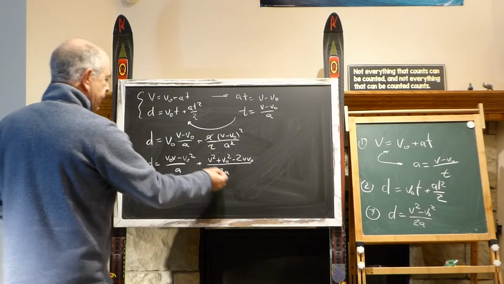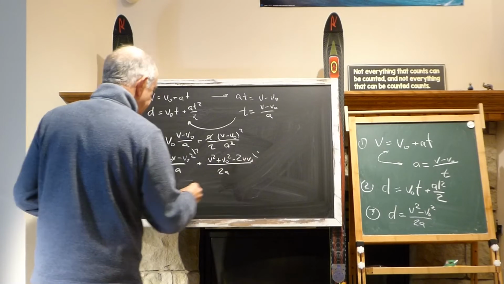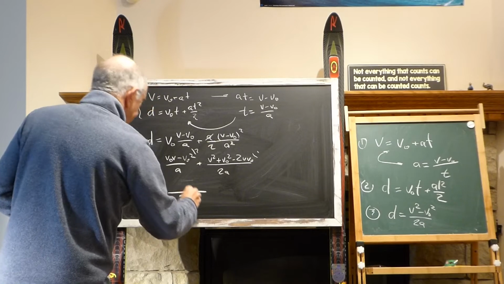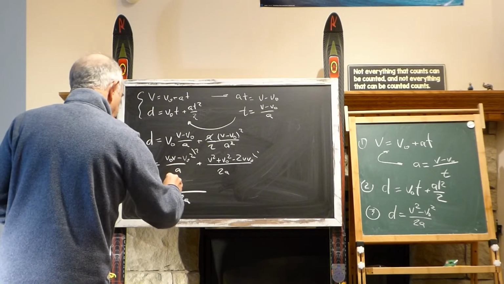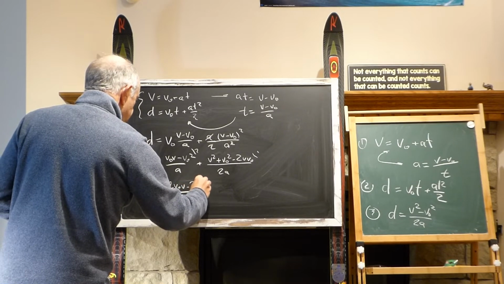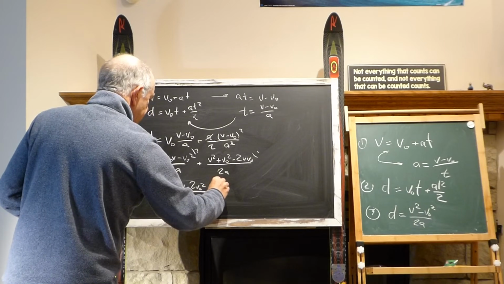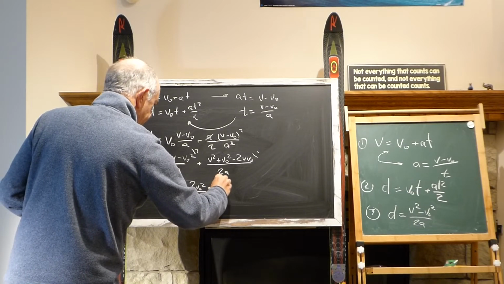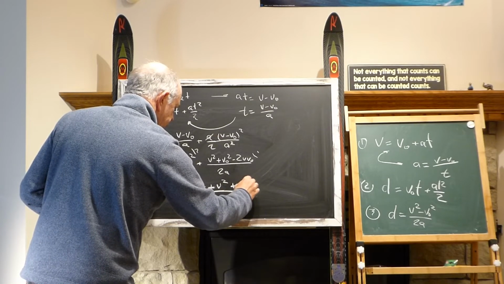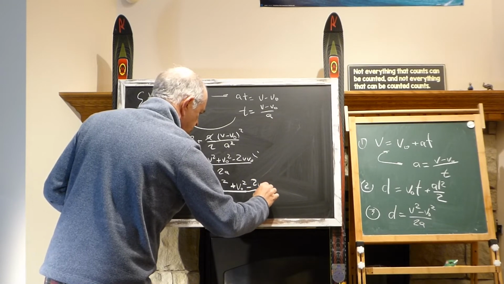And then the common denominator is 2a, so I have to multiply by 2 here, and here is 1, and this will become 2v0v minus 2v0 squared, and this would be plus v squared plus v0 squared minus 2v v0.